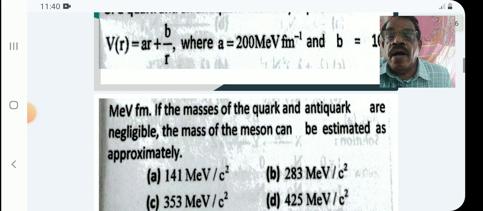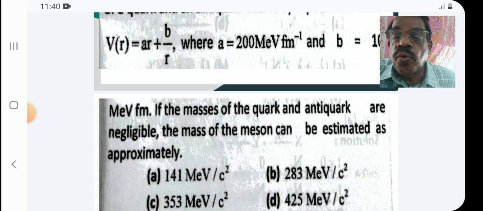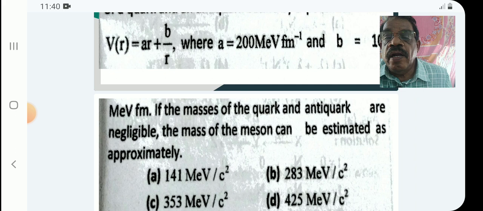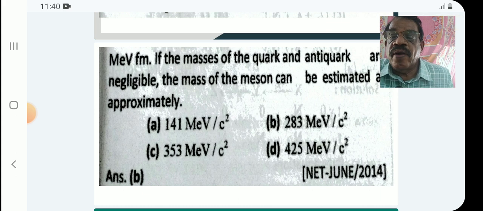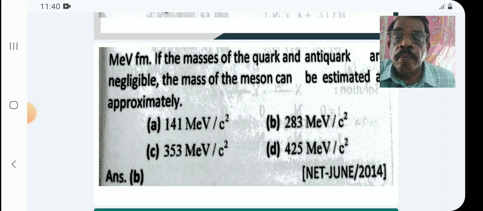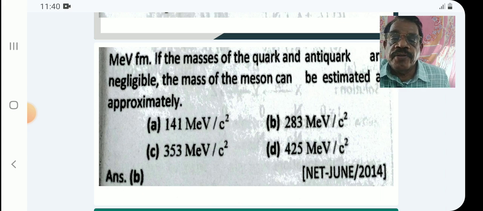If the masses of the quark and anti-quark are negligible, the mass of the meson can be estimated as approximately: 141 MeV per c squared, 283 MeV per c squared, 353 MeV per c squared, 453 MeV per c squared.